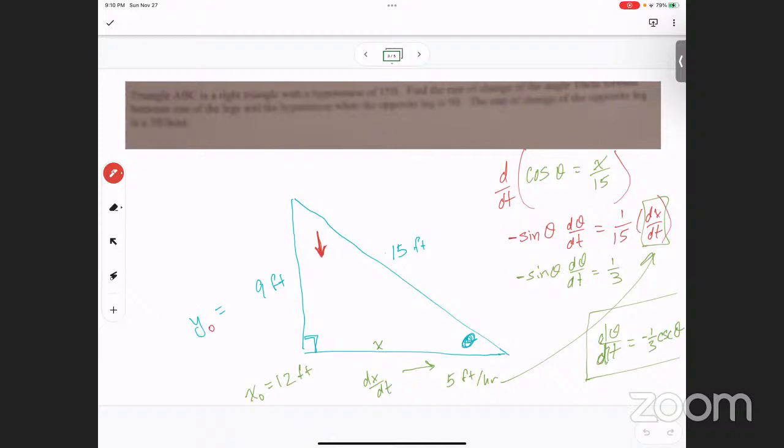Triangle ABC is a right triangle with hypotenuse of 15 feet. Find the rate of change of the angle that the hypotenuse makes. Well, I can't tell what that says. With one of the legs, maybe between one of the legs and the hypotenuse, when the opposite leg is 9 feet.